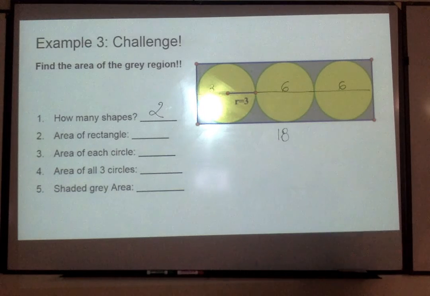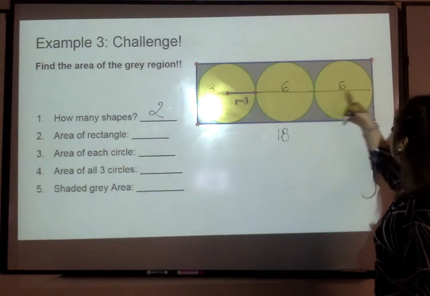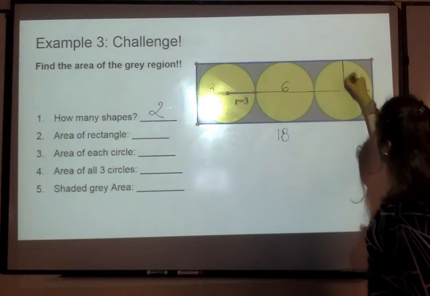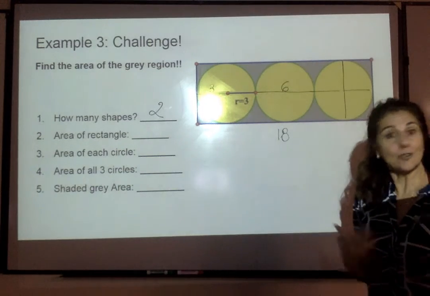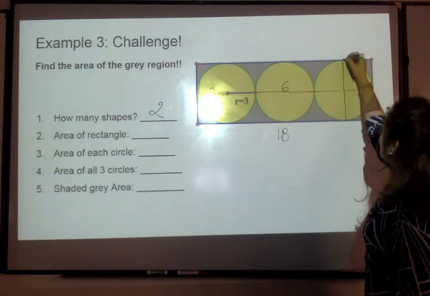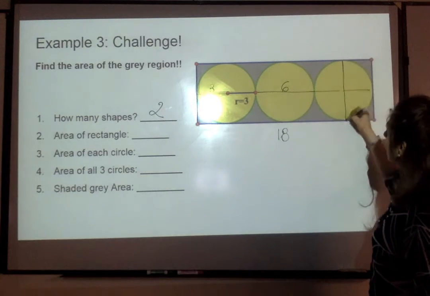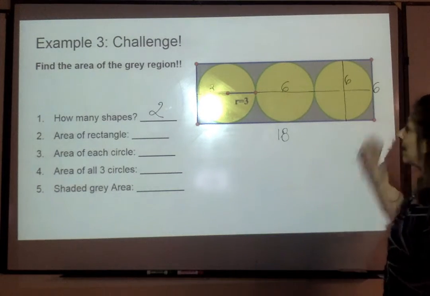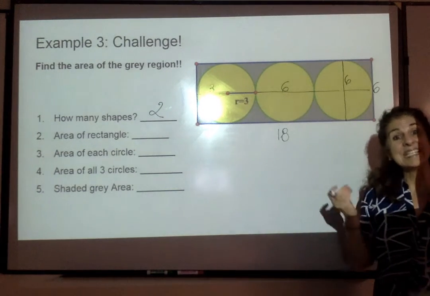How do I measure now the height? Well, the height is going to be the same thing. If the diameter is 6, the height is 6 also, because this is a circle, so it measures the same thing. So the side of my rectangle measures 6.